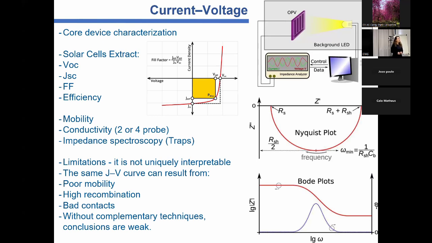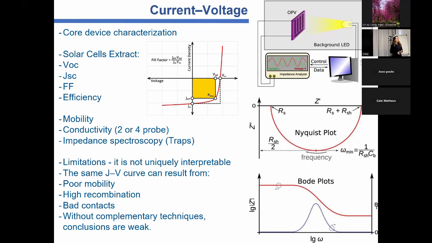This one is quite nice to see the charge accumulation on the interfaces. So this Nyquist plot, they are one simulation with the resistive and capacitive properties of the materials. So the accumulation of the charges gives a higher shape of this plot.